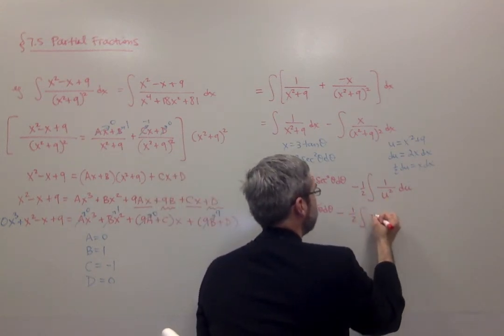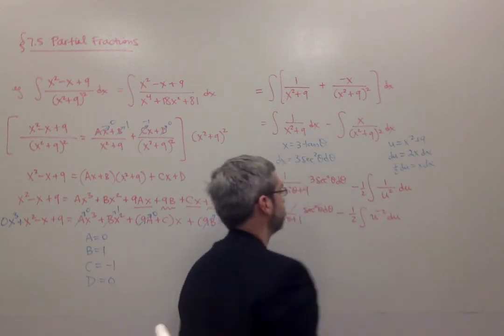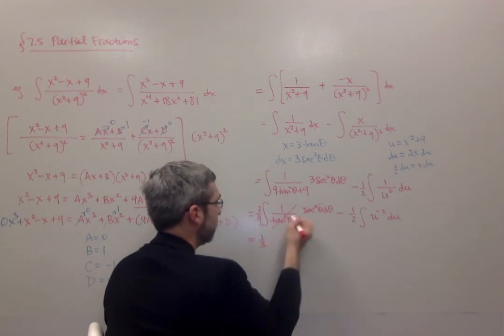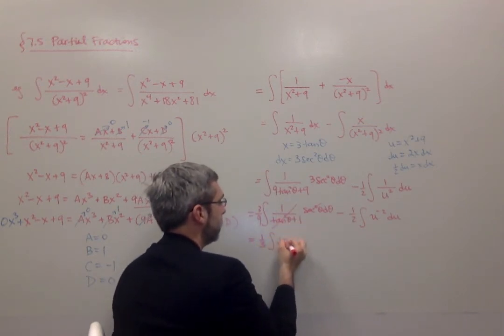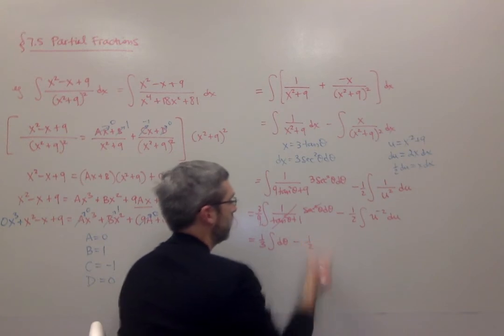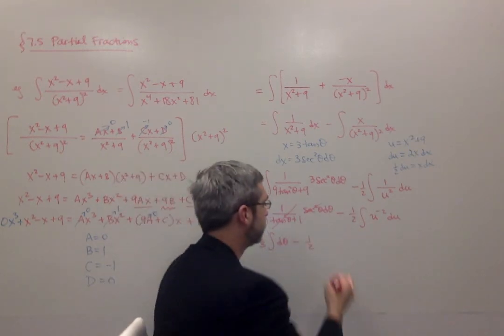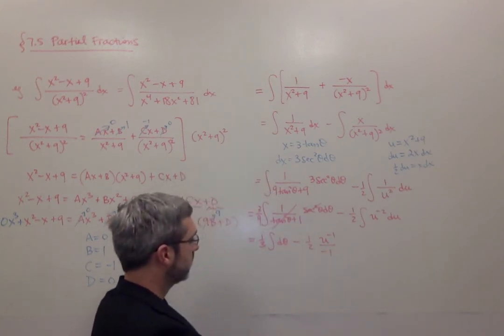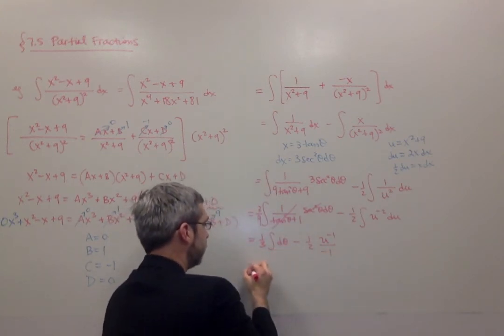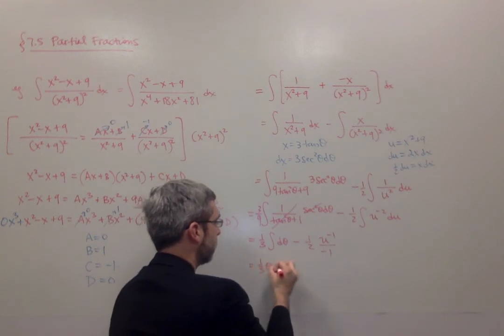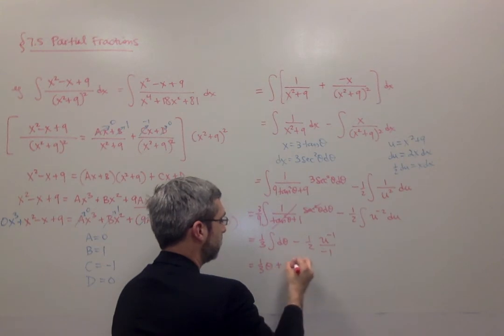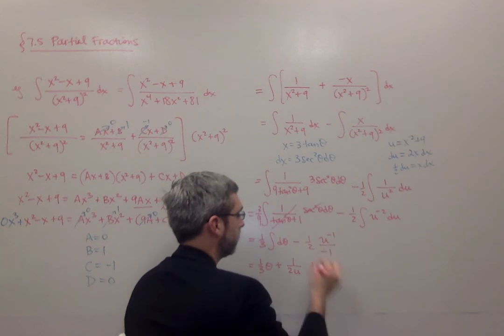This integral is just u to the minus 2. So 3 over 9 is 1/3, and I've got the integral of d theta. And when I do this other integral, it's just u to the minus 1 over minus 1. The integral of d theta is just theta. So I've got 1/3 theta plus 1 over 2u plus c.